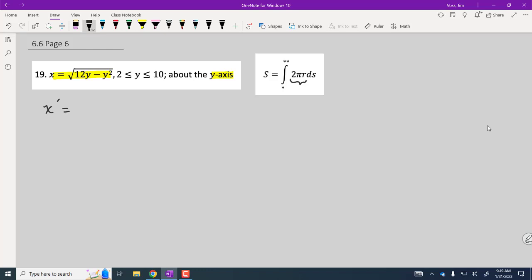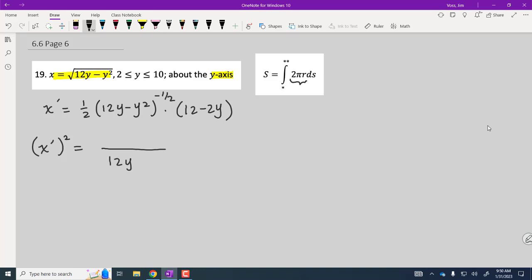So for our x prime, we'll pull the 1/2 down. We'll leave the base alone. We'll subtract 1. And then the chain rule says multiply by the derivative of the base. So there is our x prime. Then we have to square this. Very similar to the last one, this is a square root that's in the denominator, and when we square the square root, they cancel each other out.